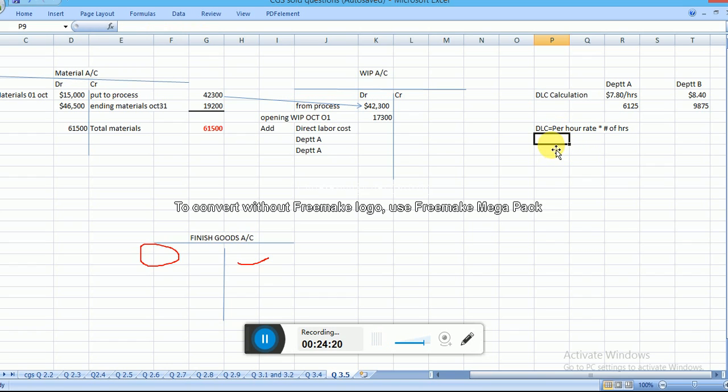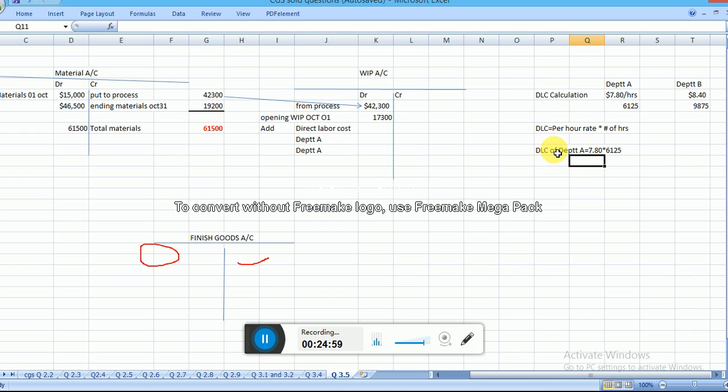So simple now. Direct labor cost of department A is equals to 7.80 multiplied by how many hours work taken place in the department A? 6,125.